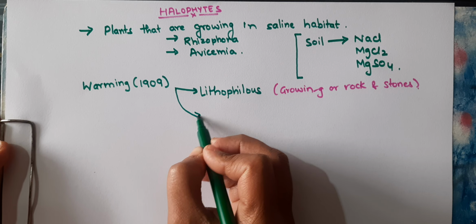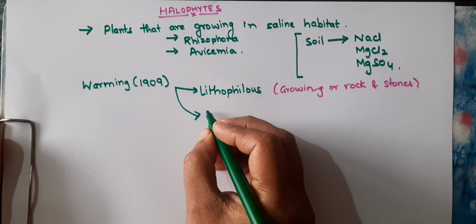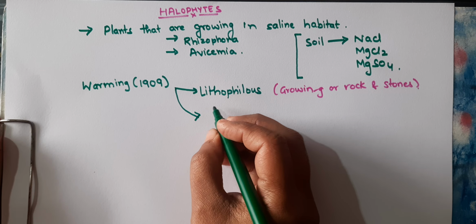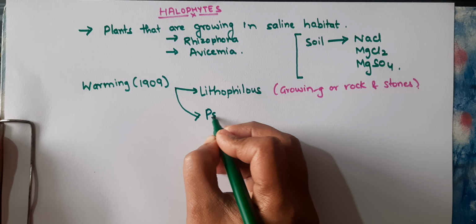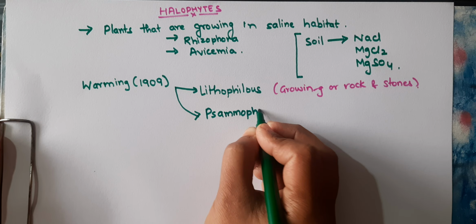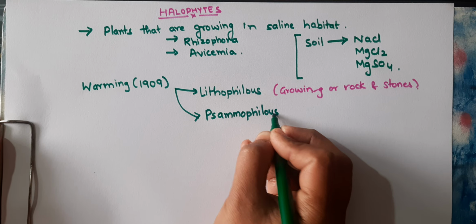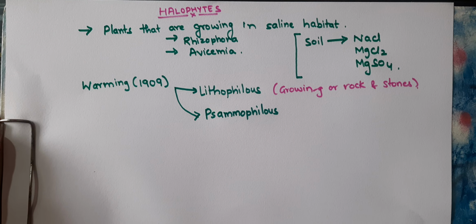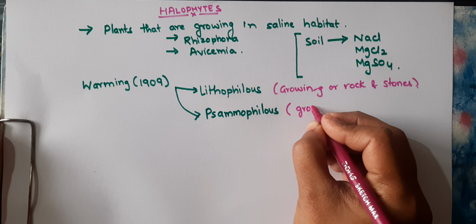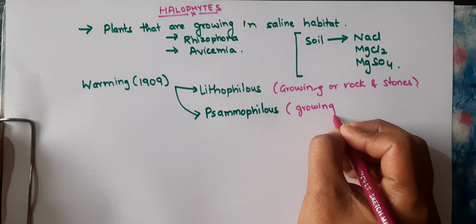Another category of the halophytes is Samophilus. What are Samophilus? The plants that are growing in sand dunes.